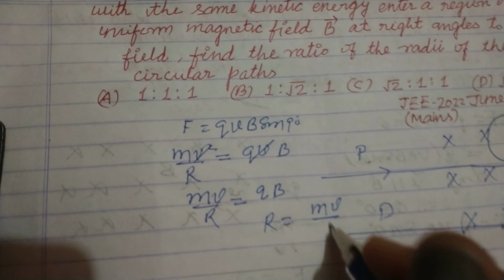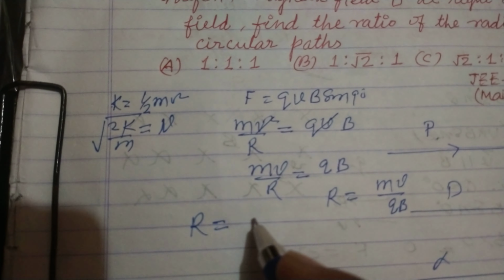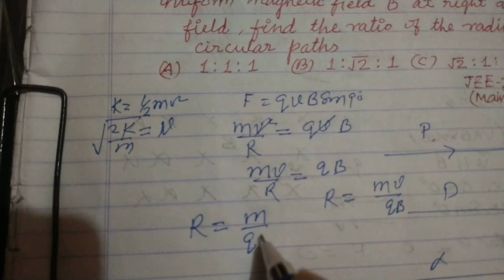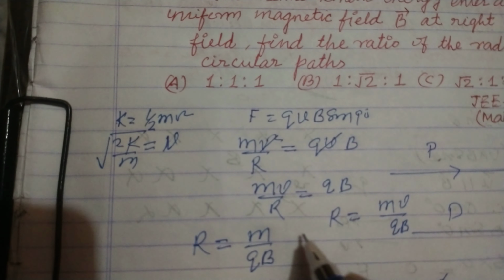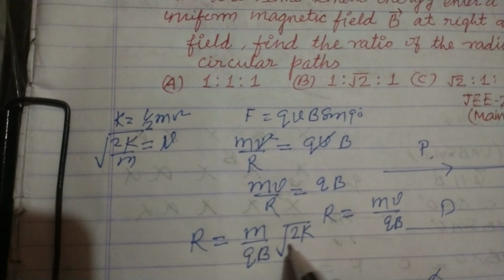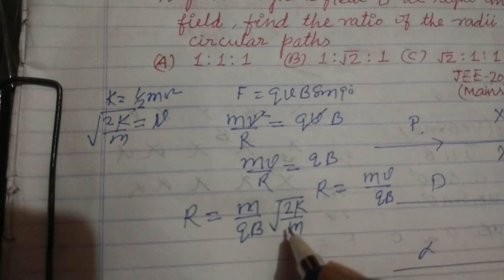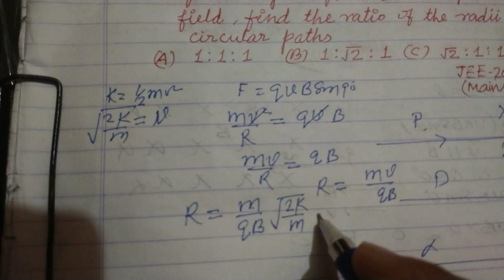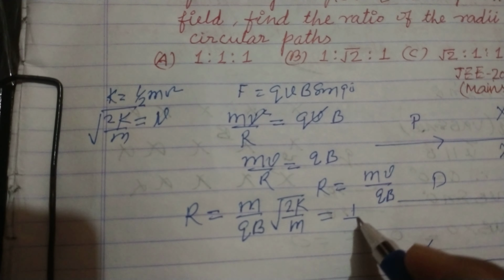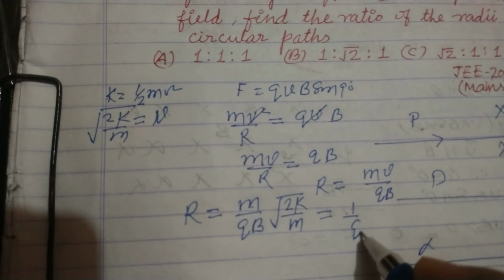So we put v here and obtain r equals m over qB into v, which is under root 2K over m. When we enter m in this root, we get m square, so r equals 1 upon qB under root 2K m square over m.